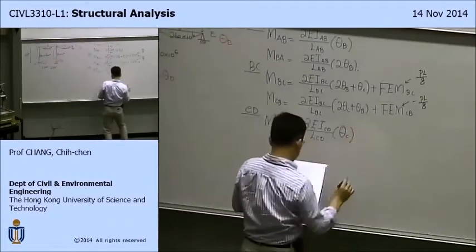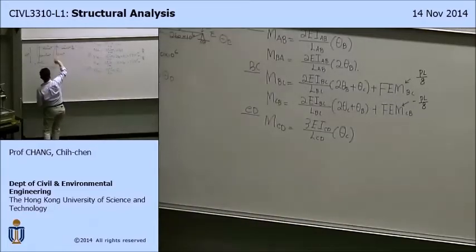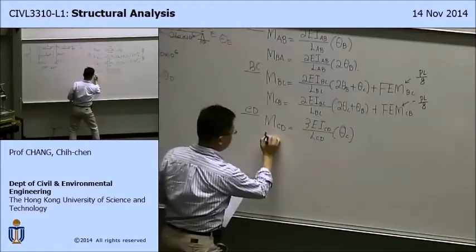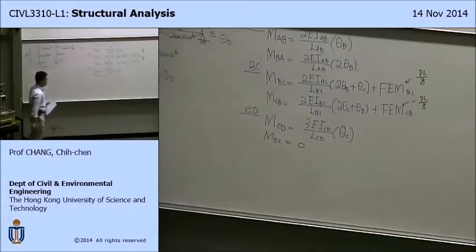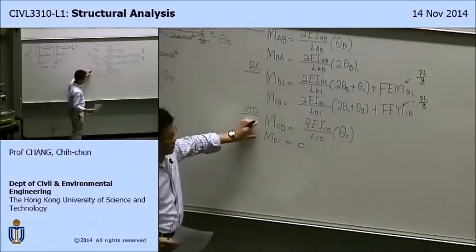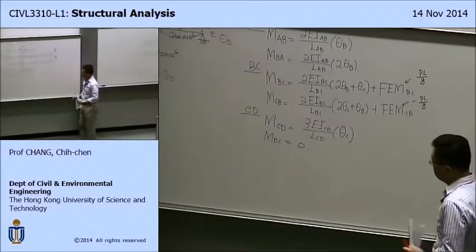And any fixed end moment, no loading, so no fixed end moment. So that's CD, and MDC is equal to 0 by default. This pair of equations, you can just follow the original ones, but you will end up with simultaneous equations though.